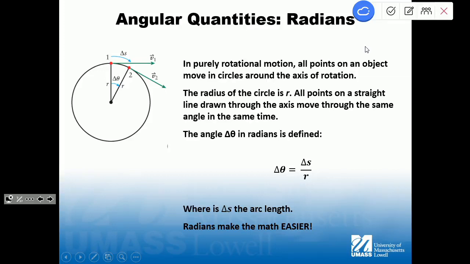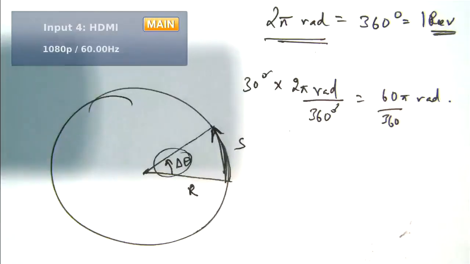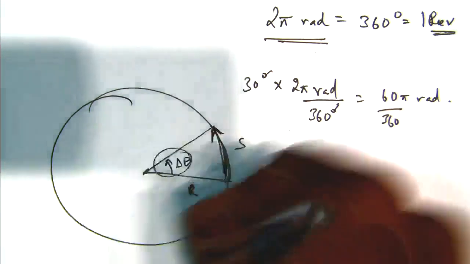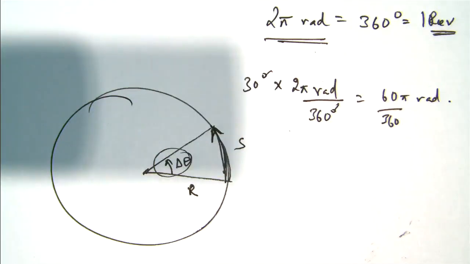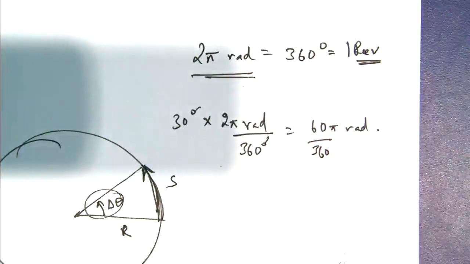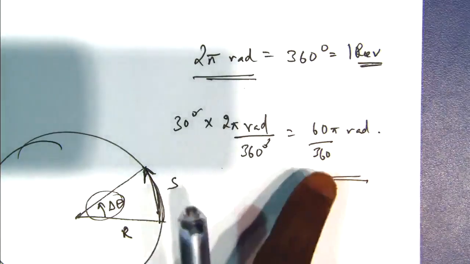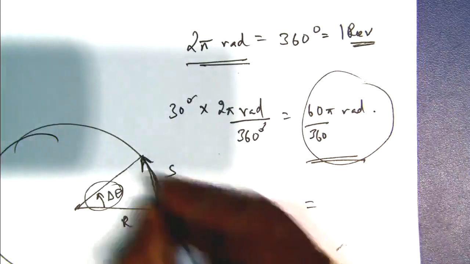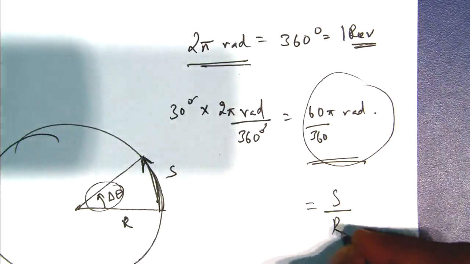Is everyone following? If I measure this angular value in degrees, then there is no set relation between S and R. But if I measure this angular value, let's say it's 30 degrees, and I convert that 30 degrees to radians, then that value is also equal to the length of this arc divided by the radius.